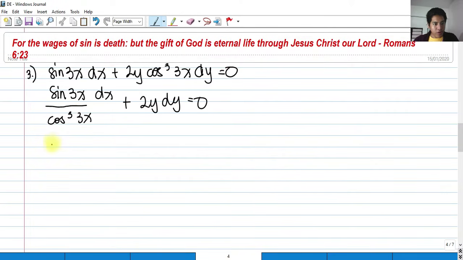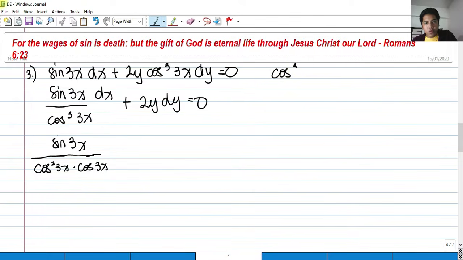Furthermore, we can split this into cosine squared 3x multiplied by cosine 3x, because technically, cosine cube 3x is simply equal to cosine 3x cubed.